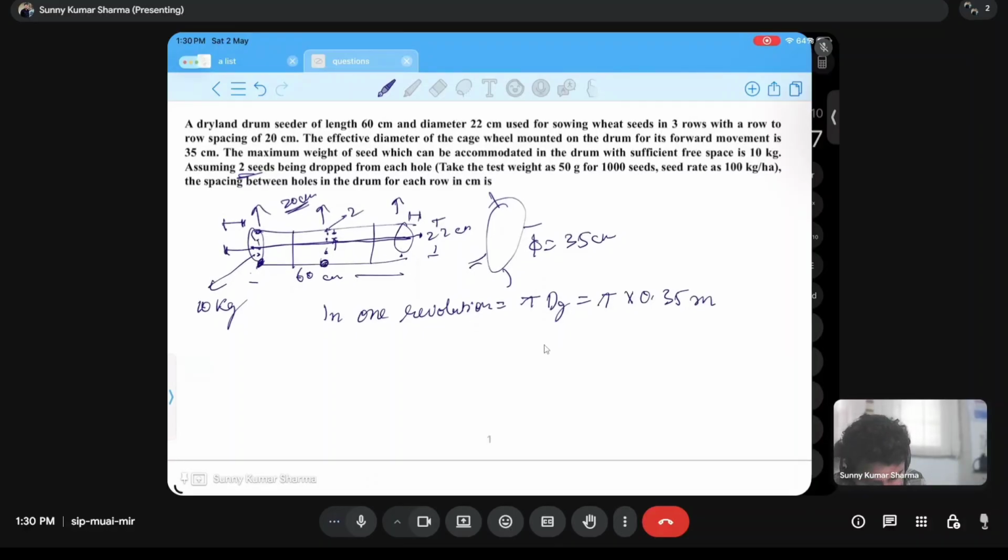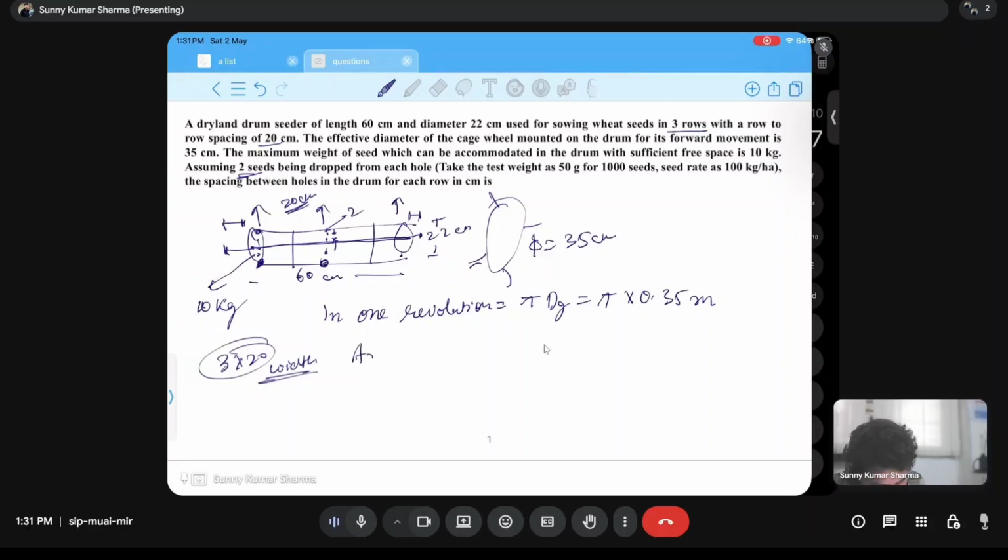Now, how much area is it covering while moving forward? Here you can see 3 rows and a row to row spacing of 20 centimeter. So 3 into 20 will be its working width, which it will cover while moving forward.